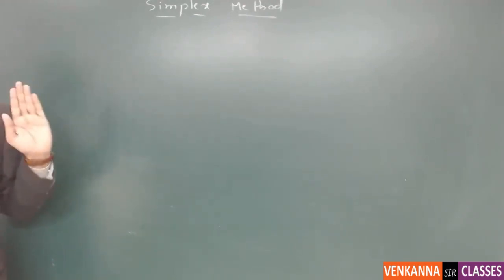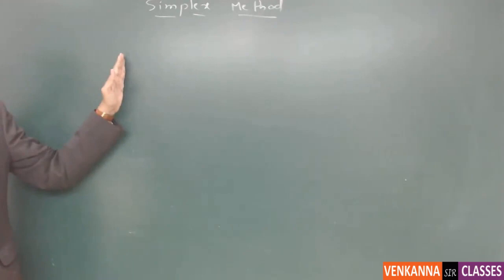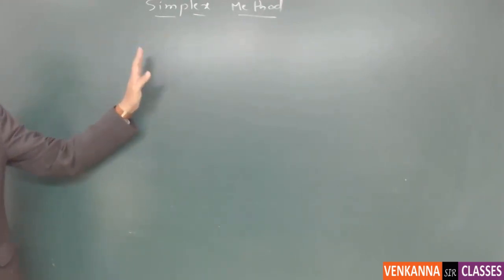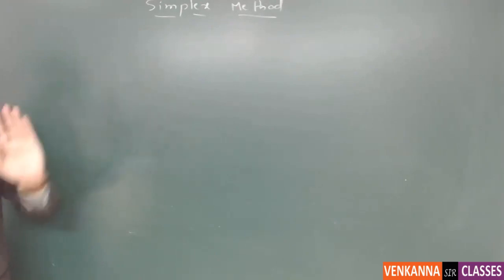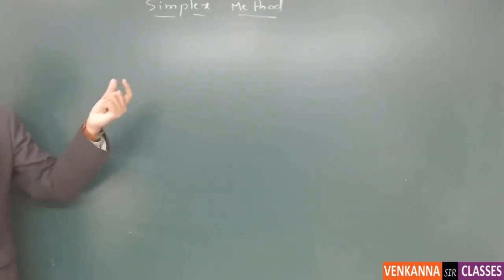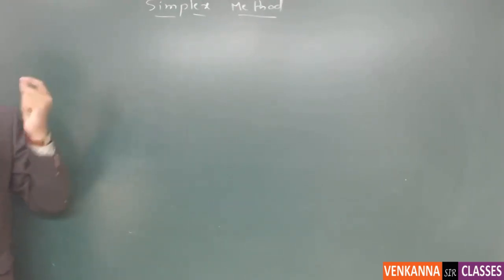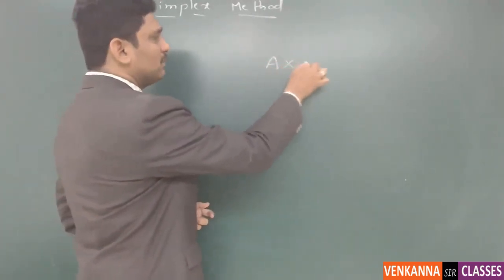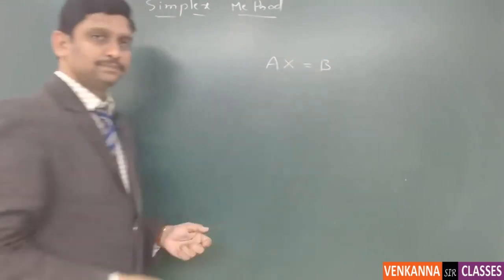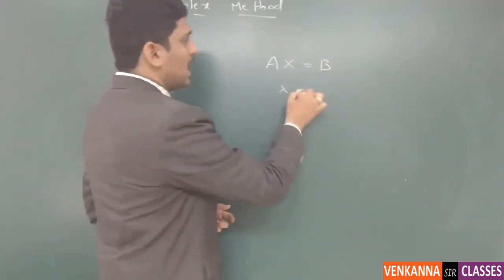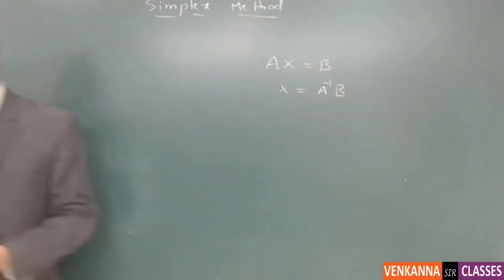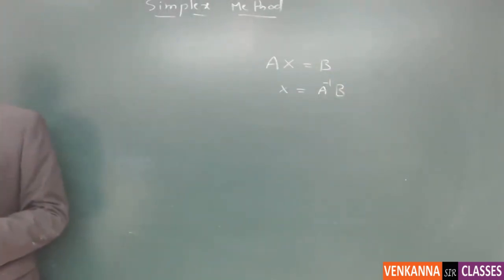So coming to the simplex method, I concentrate mainly on how to construct the simplex table, solve the problem and retrieve the solution. And in a simple nutshell, I will give the idea that if we have the system Ax equal to B, X is determined by A inverse B, accepted? Right.